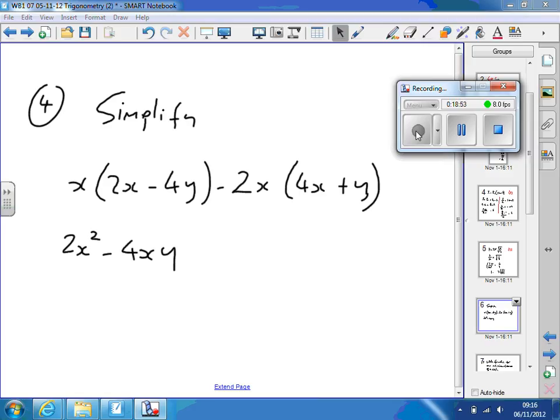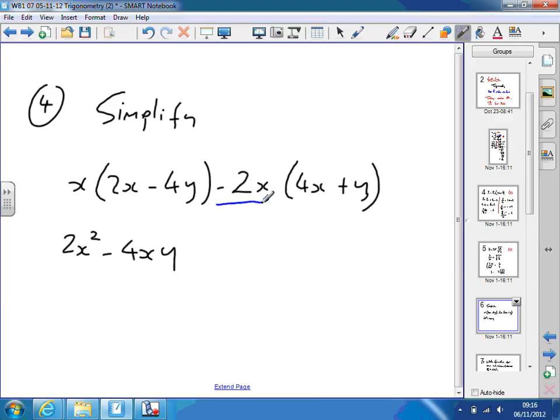Now the next one is the one we've got to be careful of. Minus 2x times 4x is minus 8x squared. And then minus 2x times y gives minus 2xy.